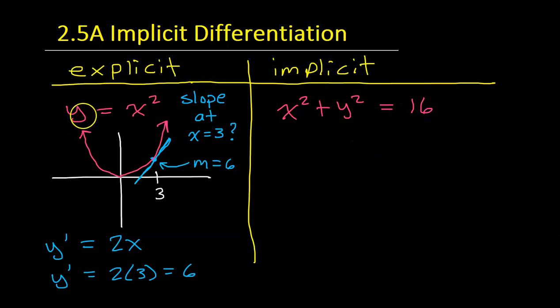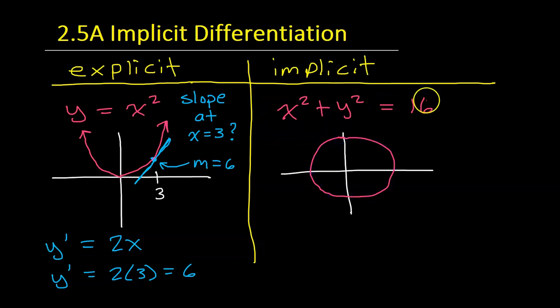When I tell you y equals x squared, you automatically know that's a parabola. You should be able to recognize this as a common shape, something that you should know. Hopefully, you're jumping out at the screen and saying, that's a circle. This is the equation of a circle with a radius of 4.